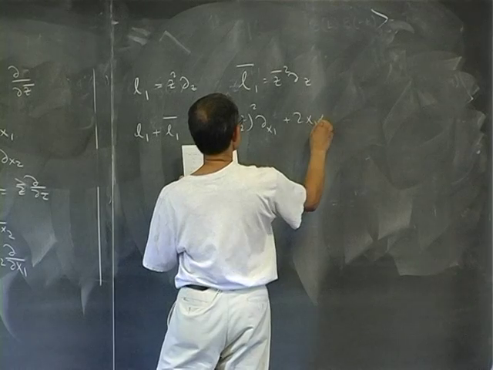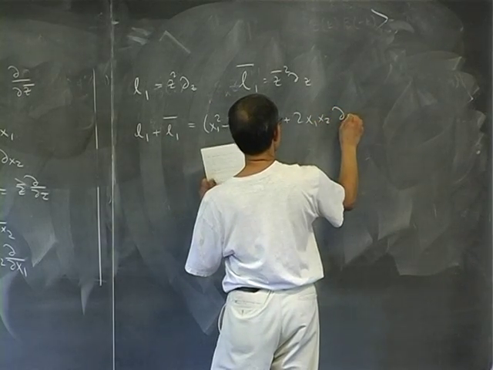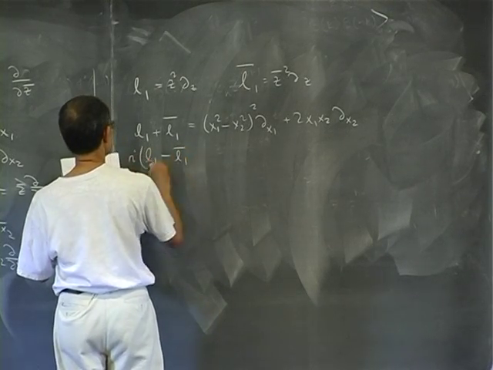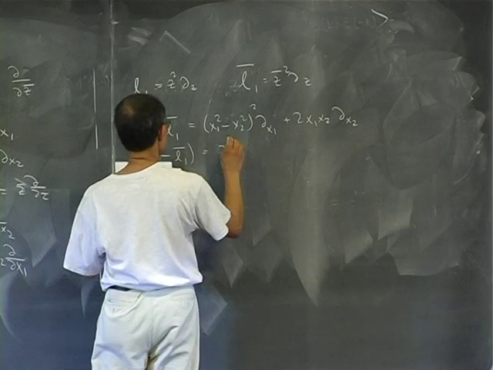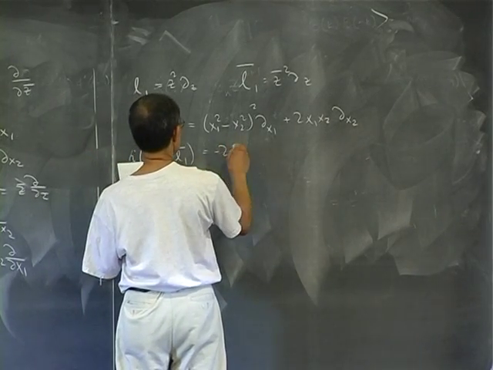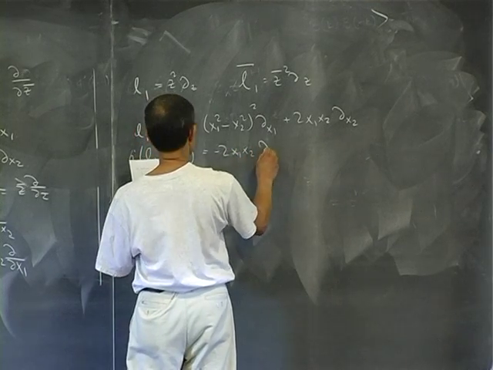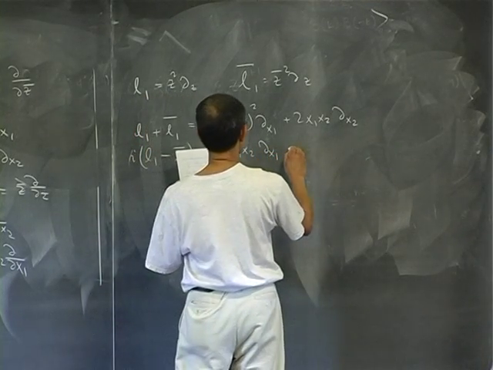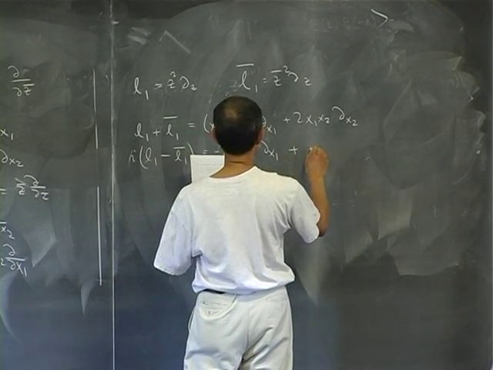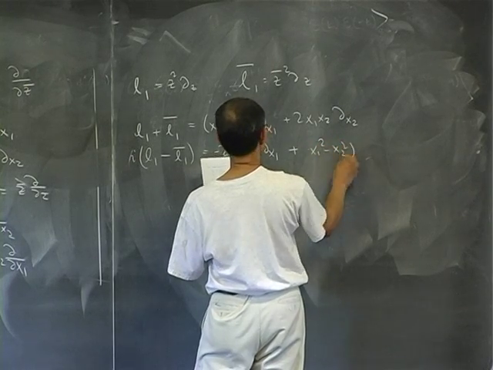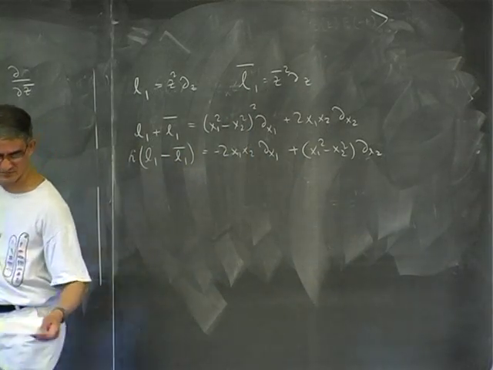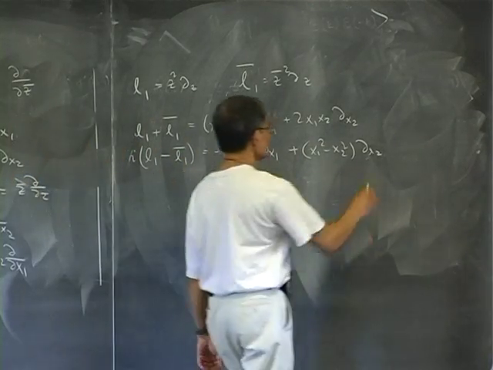This is a bit complicated. No, just it's minus 2 x1 x2 del del x2 plus, I think I might have mixed up the signs. Some complicated transformations. These are called special conformal transformations.